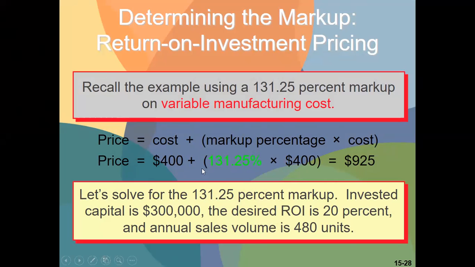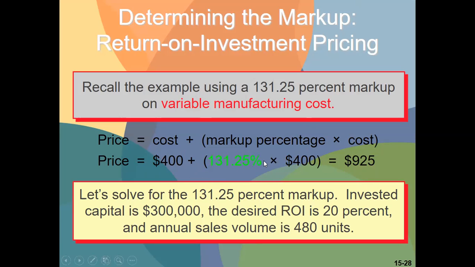So remember, if this is the price, $925, we just have to deduct the cost. And the cost here is the variable manufacturing cost. If we deduct that, that would result to 525, which means that the markup is 525.